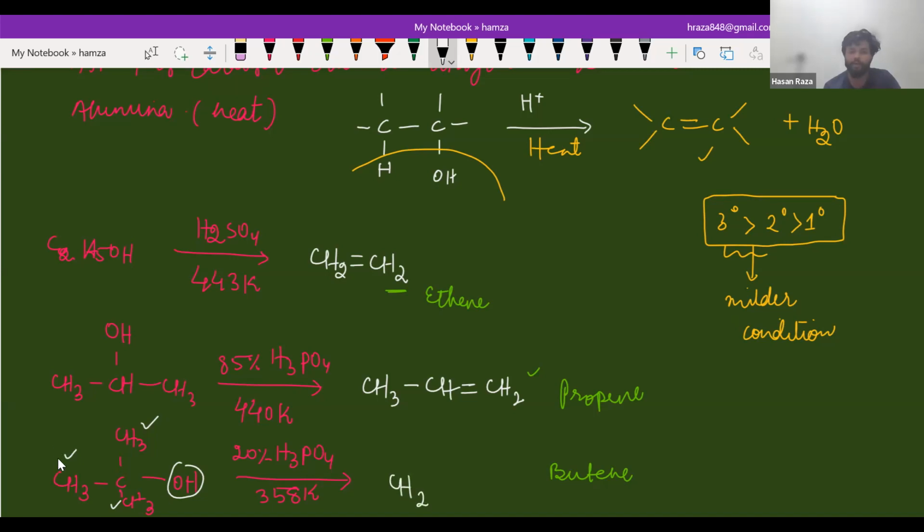I just removed hydrogen from here, so it was CH3, now it will be CH2, with a double bond between this carbon and the next, and you will get CH3 and CH3 here. So if I write the name, 1, 2, 3, the name will not be butene, the name will be 2-methylprop-1-ene. Are you getting my point?